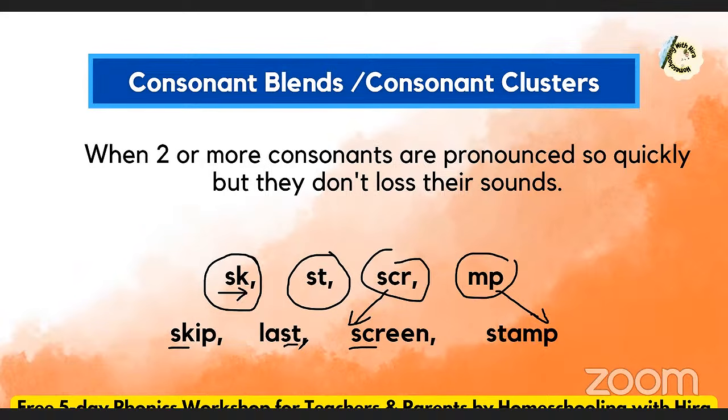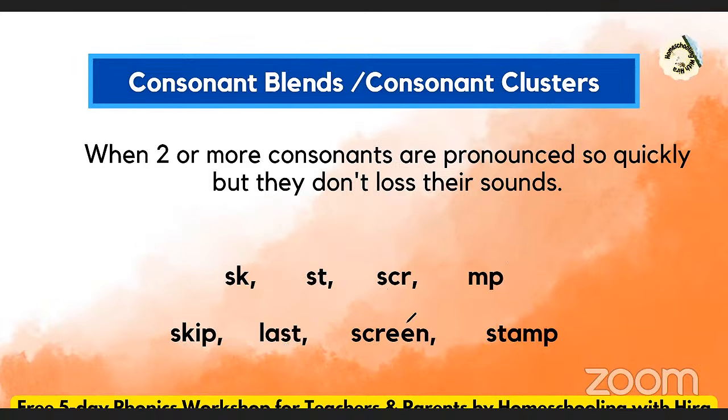Okay, listen to me. For this, you can have the complete lists of consonant clusters at the beginning and at the end. So you can watch that video as well. There you will find a number of consonant blends that we find at the beginning of the words and at the end of the words as well. Last thing about consonant clusters: why do we teach them? Because for some kids, it's difficult to blend a 7-letter word.